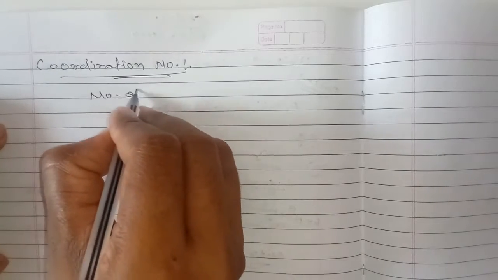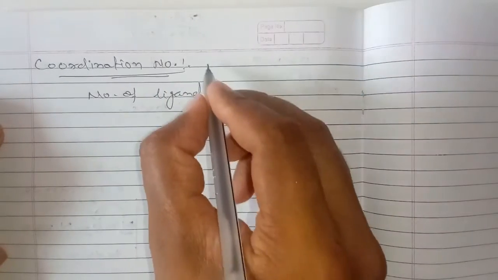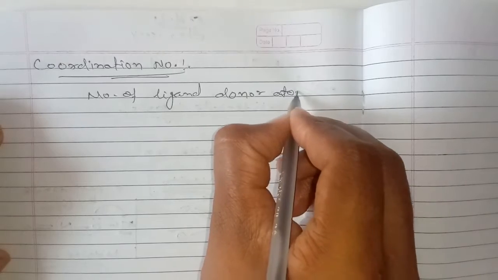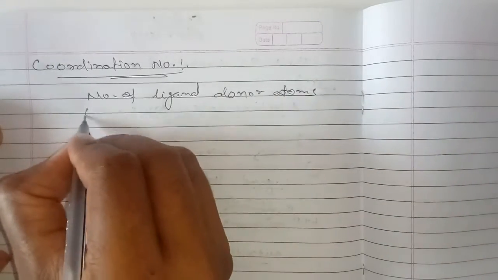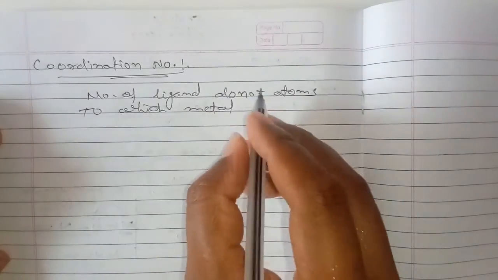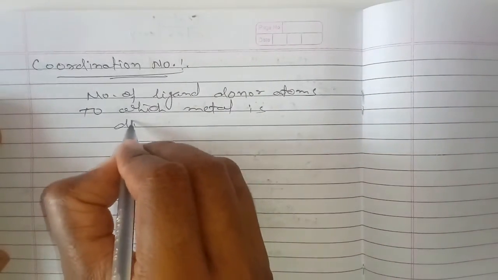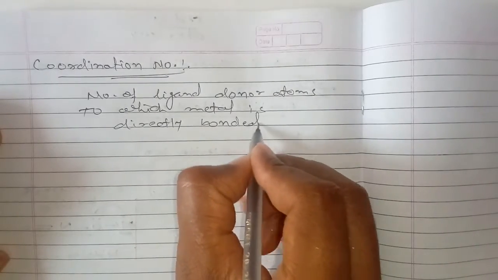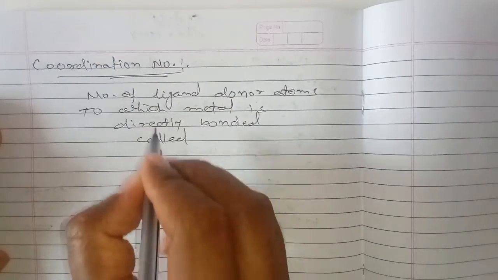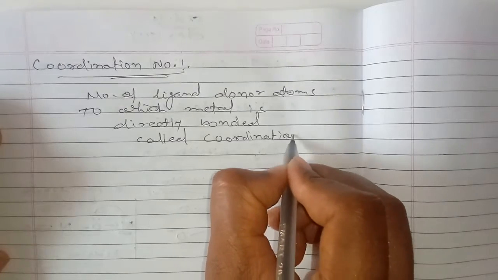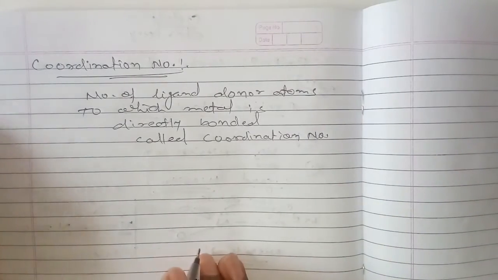The number of ligand donor atoms to which the metal is directly bonded is called the coordination number.